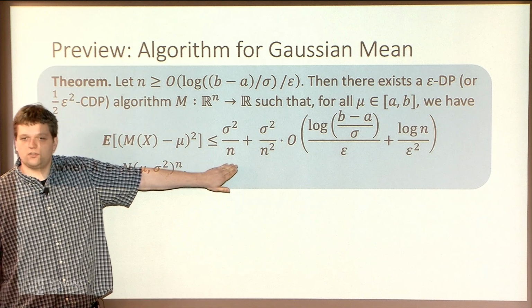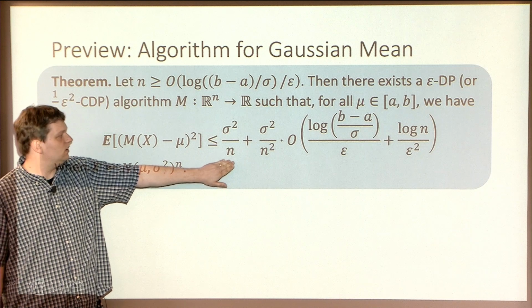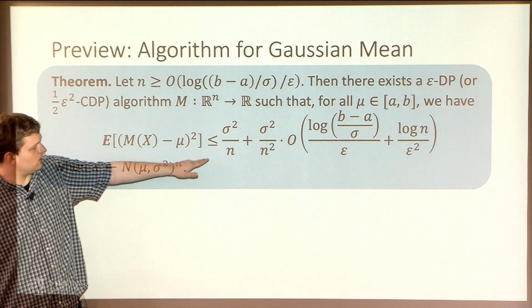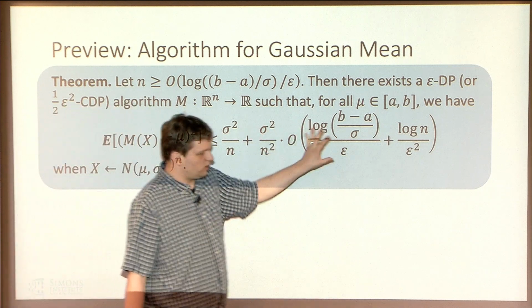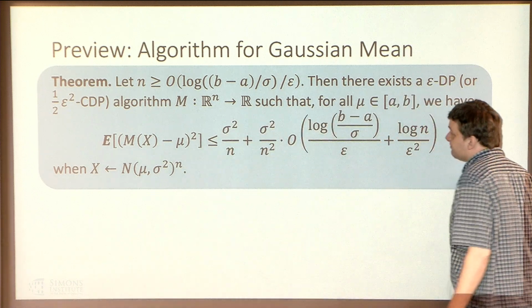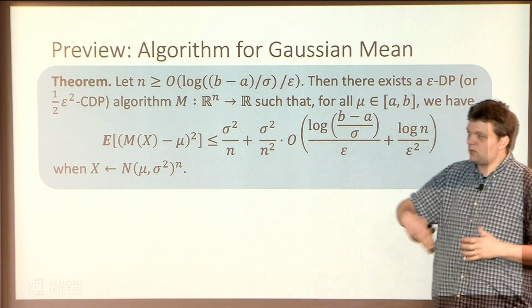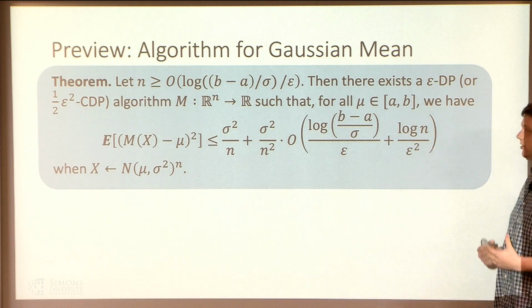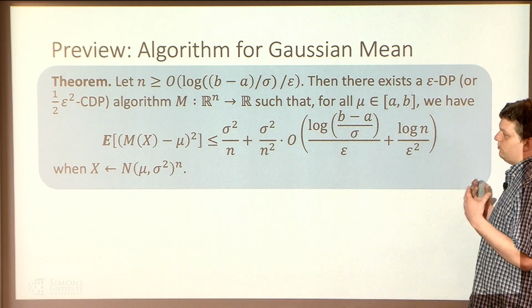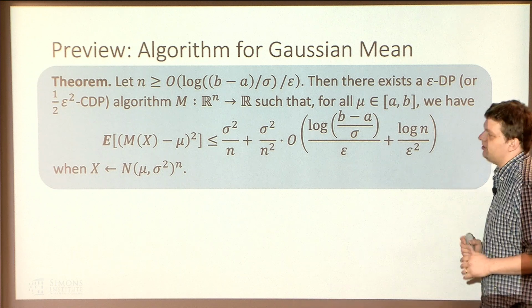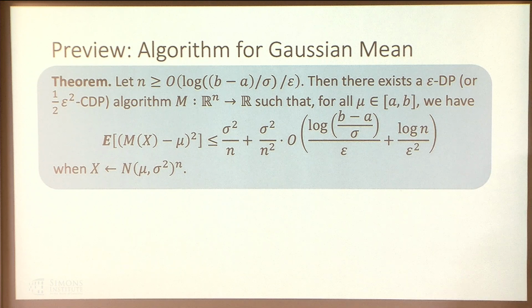So the first term is the non-private optimal mean squared error, so that's exactly what we want. And then you get this additional term, which is the cost of privacy. And you'll see that it's not too large. And in particular, since this is over n squared, for large n, this should be a lower order term. You should be getting basically the right non-private variance plus a low order term, which is kind of exactly what we want.